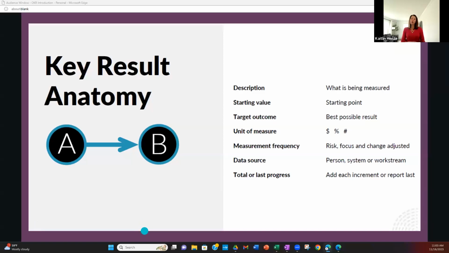I'll go into a little bit more detail about key results. Key results are very different than some of our traditional metrics that we might be used to having, which are KPIs or just data points.